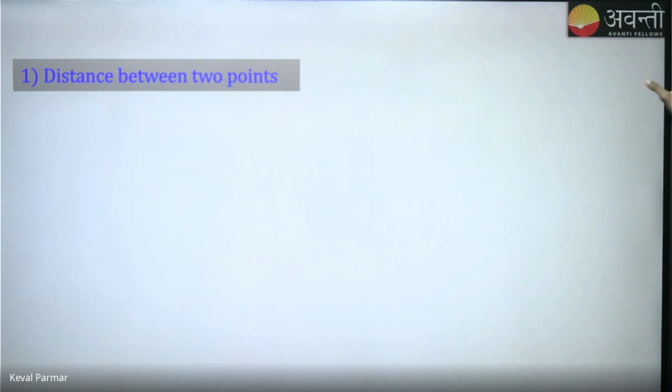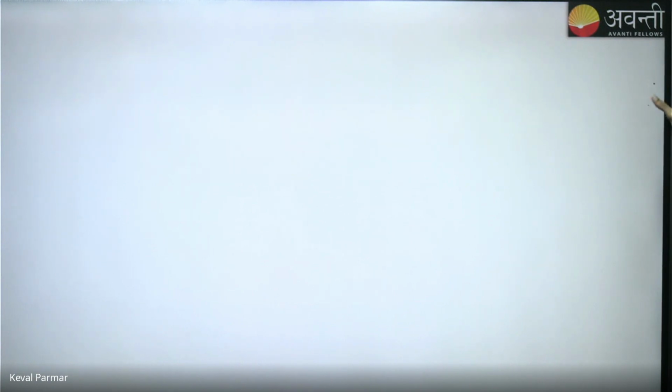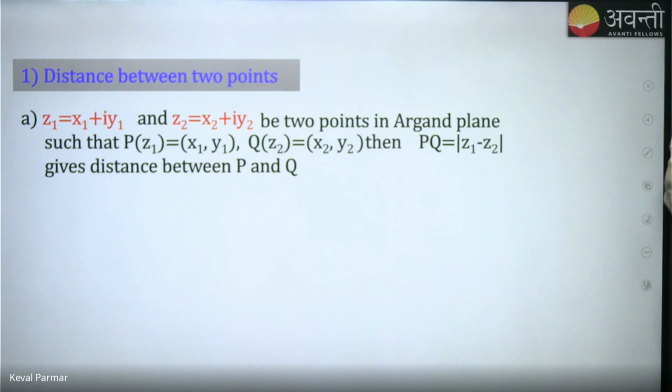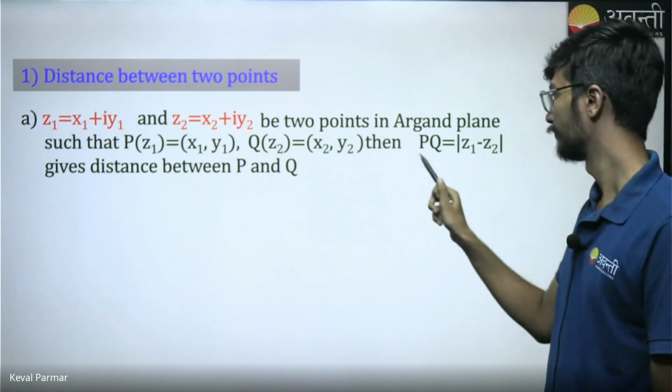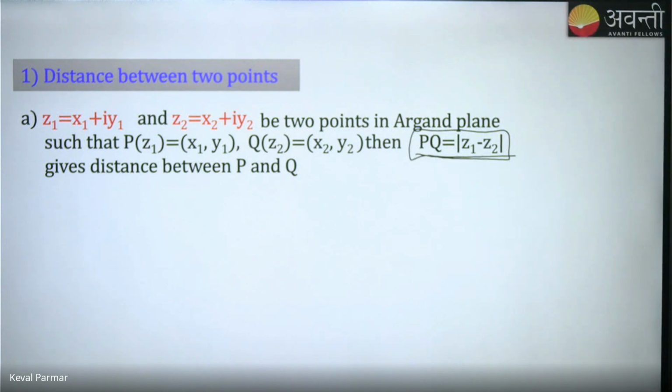The distance between two points is given by our normal distance formula, because z1, x1 y1, represents a point on the Argand's plane, and similarly z2, x2 y2, represents another point. So the distance is modulus of z1 minus z2.